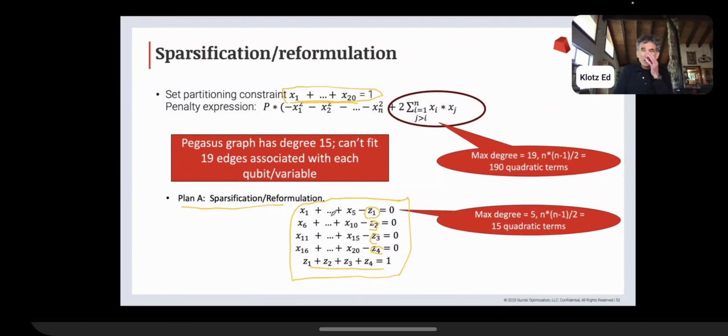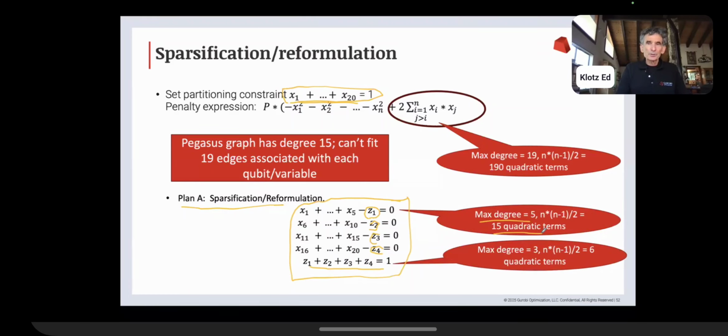But now let's think about how we would embed the penalties, thinking about how we would penalize these constraints. And what we have is for each of the first 4 constraints, we have a max degree of 5 and 15 quadratic terms. We have 4 such constraints.